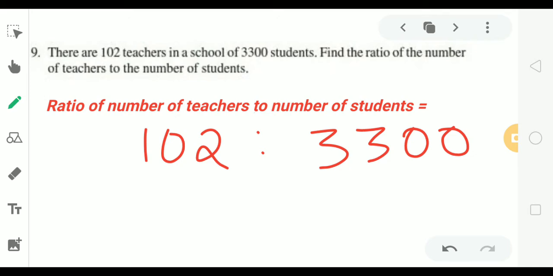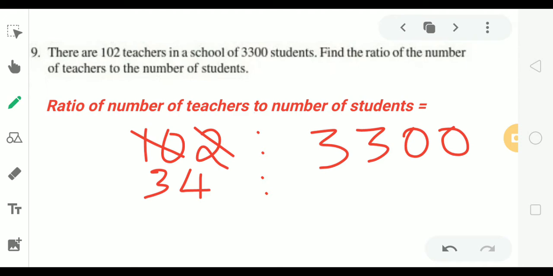Now we can reduce. Let us divide by 3 table. 102 divided by 3, we get 34 as the quotient.